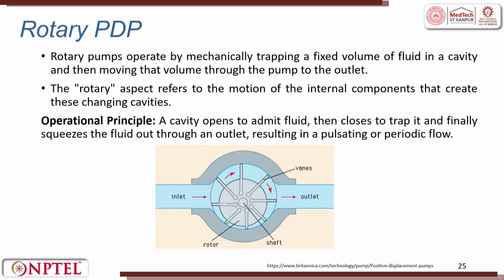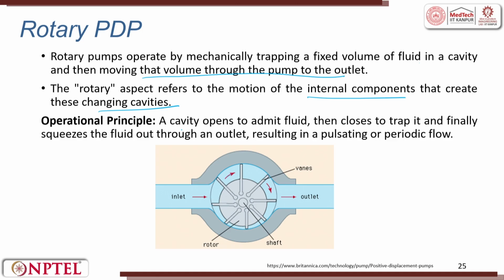The rotary pump operates by mechanically trapping a fixed volume of fluid in a cavity and then moving that volume through the pump to the output. So, there is an input, a trapping, then you pressurize and then you exit out. The rotary aspect refers to the motion of the internal component that creates these changes in cavities.